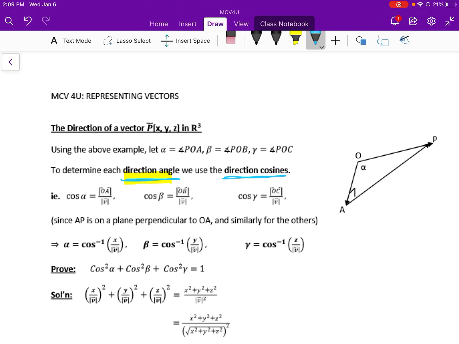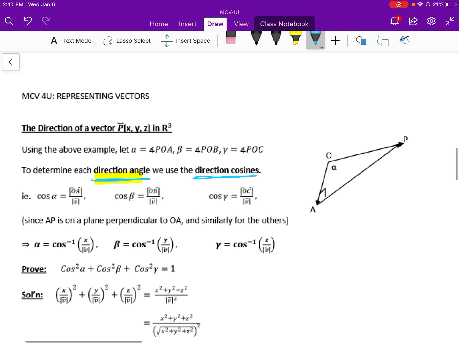And what they are, the angles from the positive axes, the x, y, and z, to the vector itself, okay?